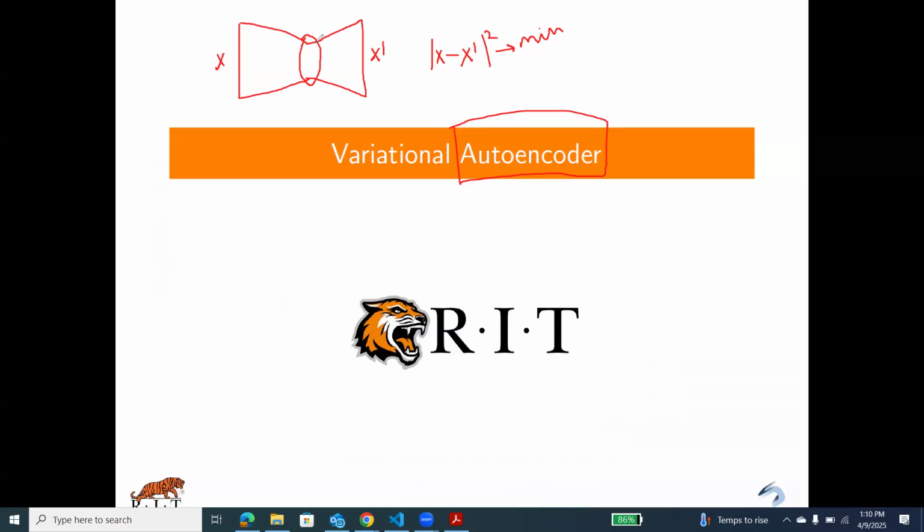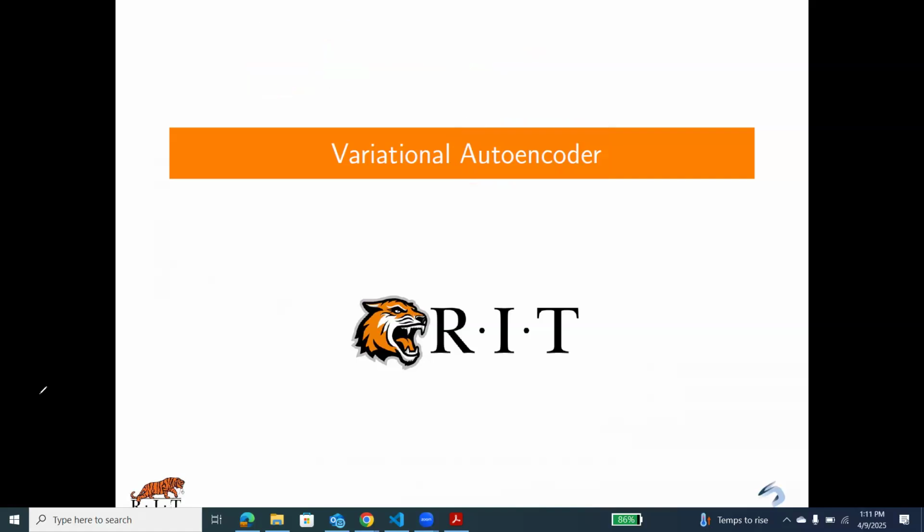You remember we began our class with PCA, principal component analysis, and dimensionality reduction, and we will finish our class with the same topic, but in a more involved way.